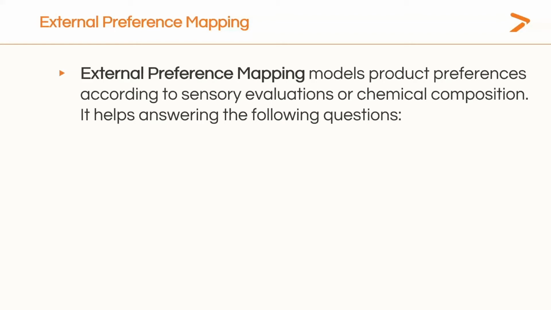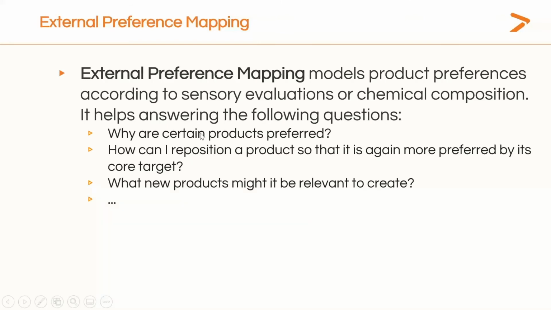This can be chemical compositions, for instance, or more economical variables. So it helps answering the following questions. So why are certain products preferred? Are there any sensory attributes driving preference? How can I reposition a product so that it's, again, more preferred by its core target? And what new products might it be relevant to create?